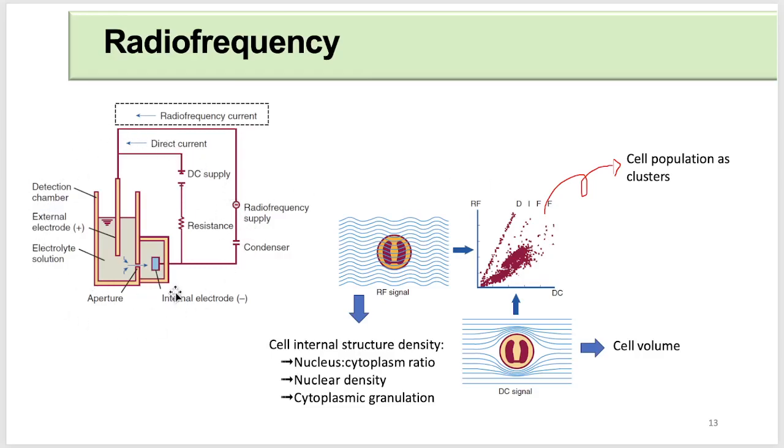But in radio frequency, it can be added to your electrical impedance. With that being said, dalawa na property ang ating makikita and mapaplot sa ating display. Makikita na natin yung cell distribution as clusters and what else? Yung number of dots in each cluster will represent the concentration of your cell type as well as the clusters of cells.